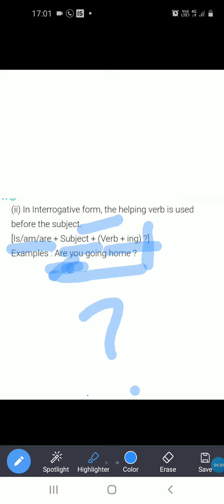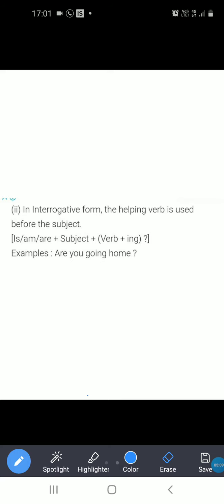You is an exception, and we include this in the plural form, so we use are with you. You can be taken as plural because you can be one person, and we also refer to two or more persons with you. So that is an exception, included in the plural form. Are you going home? And the question mark is really important. Okay.